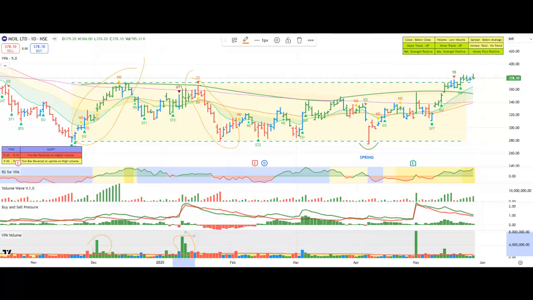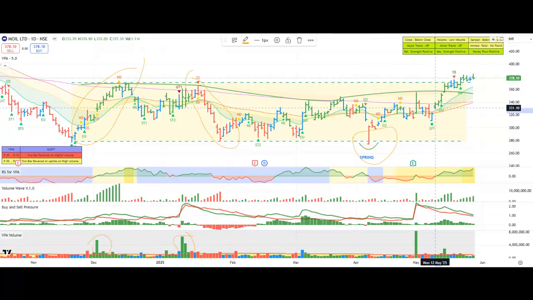And here we have a typical Wyckoffian spring. This is where the big gap down opening would throw most of the retail public out, and then the stock starts moving up, and still the buy and sell waves are low, but the stock starts moving up here and sideways.